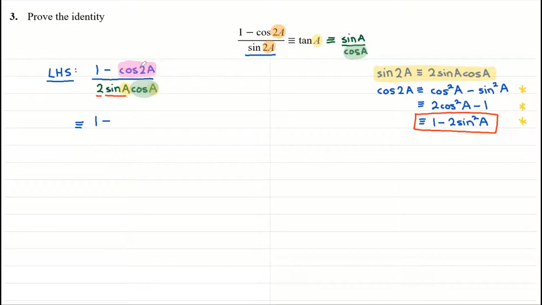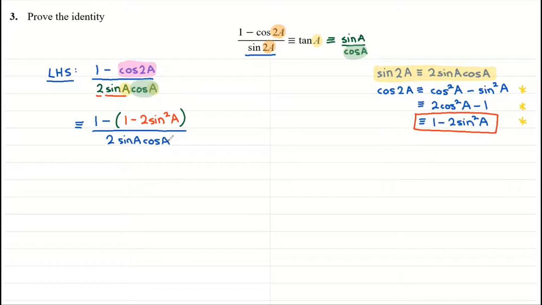So I'm going to open up some brackets like that. And I'm going to put the identity 1 subtract 2 sine squared a inside that. So 1 subtract 2 sine squared a, close the brackets. Okay, and that's going to be all over 2 sine a cos a.